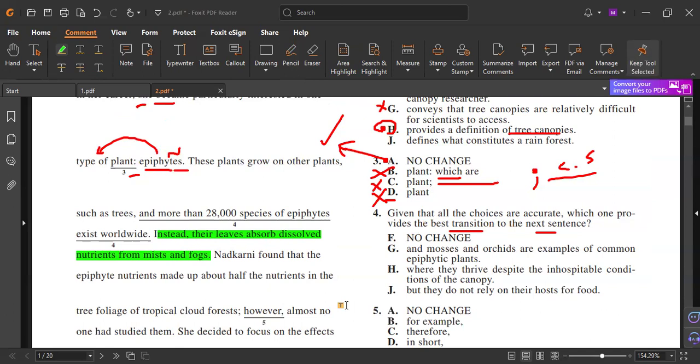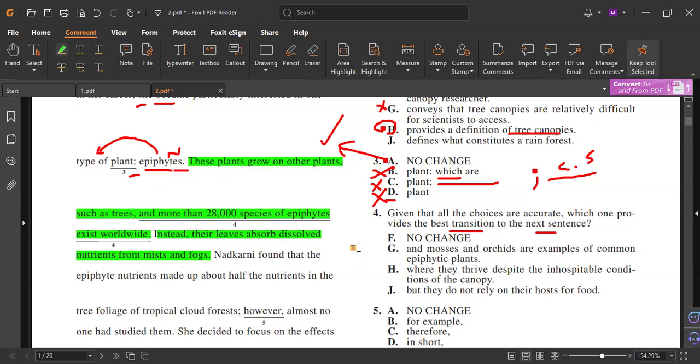He said, "Instead, their leaves absorb dissolved nutrition from mist and fogs." So "instead" here is a transition word that explains the relationship between this part and this part. He said these plants grow on other plants, such as trees. So here he said they grow on other plants. Instead, their leaves absorb dissolved nutrition from mist or fogs.